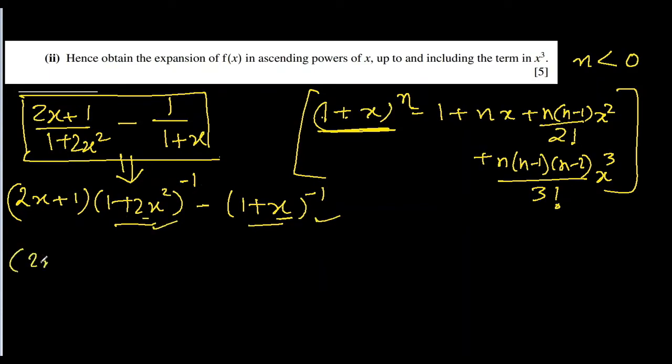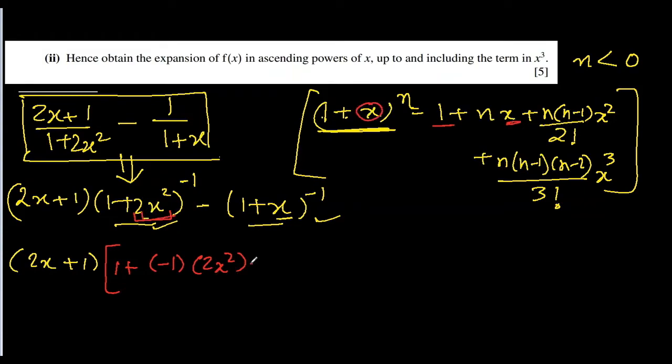So first 2x plus 1 will remain 2x plus 1, but the remaining part will be different because of this formula. So we'll write 1 first, 1 plus n, which is minus 1 in this case, times x. Here x is not x, x is 2x square. That's the change here.